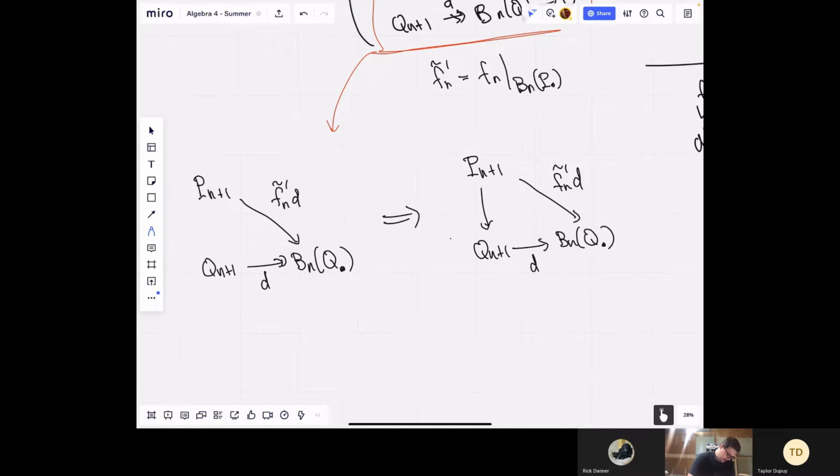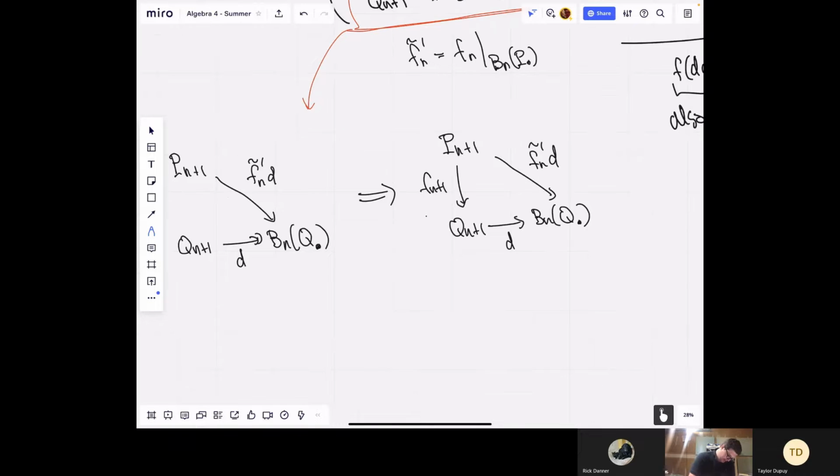This thing here uses the universal property, or the lifting property of projective modules.